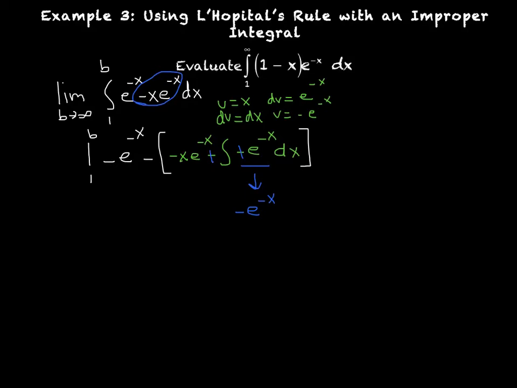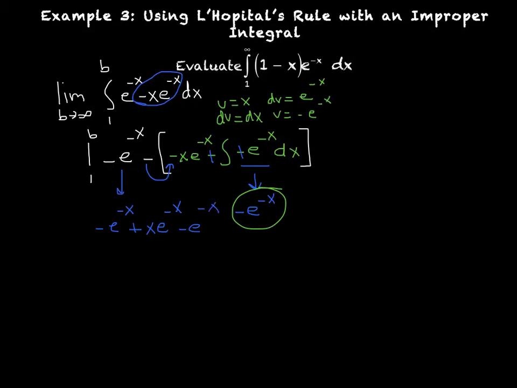All right, and so let's collect up our terms. We're going to bring this guy down, and we have negative e to the negative x. We're going to distribute this negative in here, and that's going to give us plus x e to the negative x. And then we have this guy right here, and that's going to be negative e to the negative x.